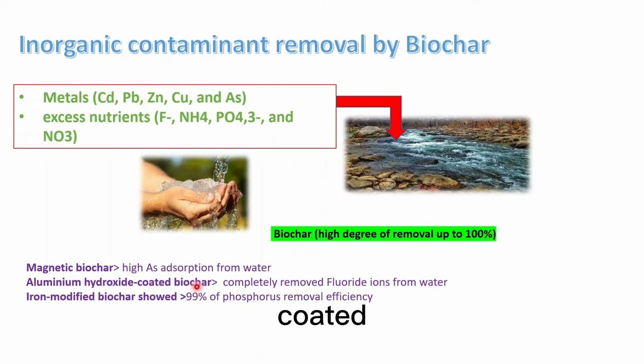Aluminum oxide coated biochar completely removed fluoride ions from water. Iron modified biochar showed almost 99% phosphorus removal efficiency from water. So, despite organic contaminants, biochar can also remove heavy metals and nutrients from the surface water.